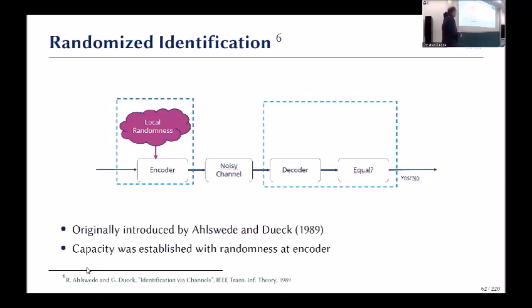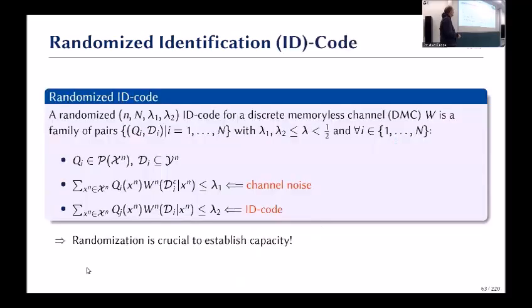That was originally introduced by Ahlswede and Dueck, and they established the capacity with randomness at the encoder.